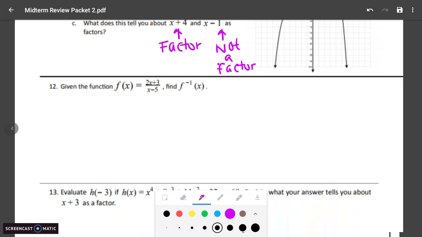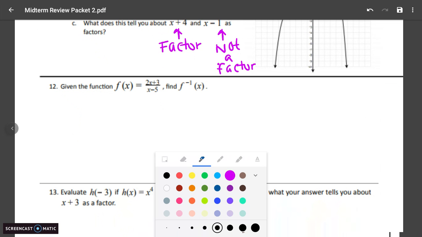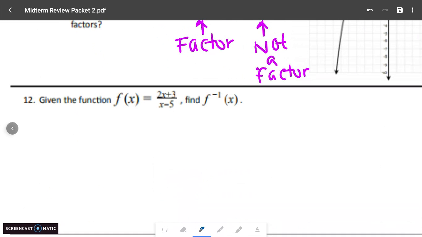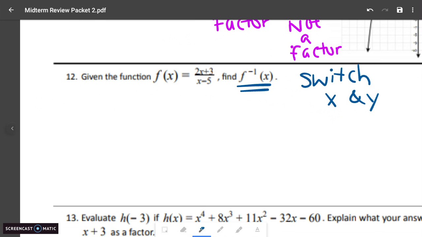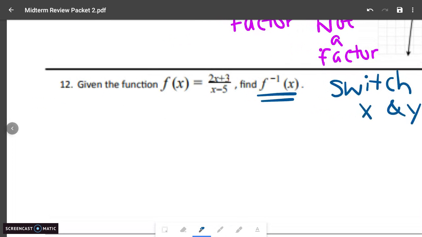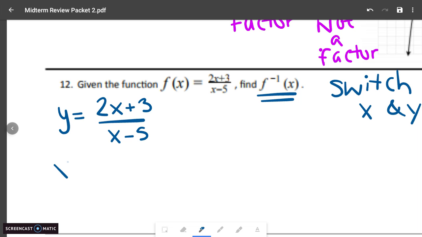Now, big one here. We have had a lot of trouble with this one in the past. Remember, this sign means inverse. We switch x and y. What I mean by that is if I start with f of x and rewrite it as y, my first move in this case is to rewrite it as x equals 2y plus 3 over y subtract 5.